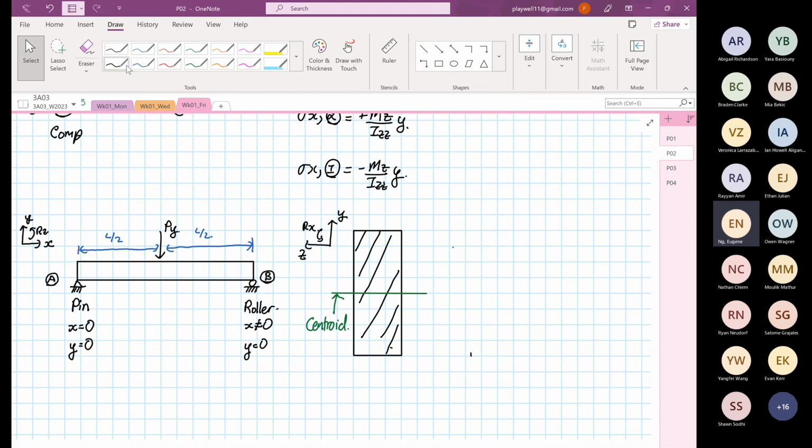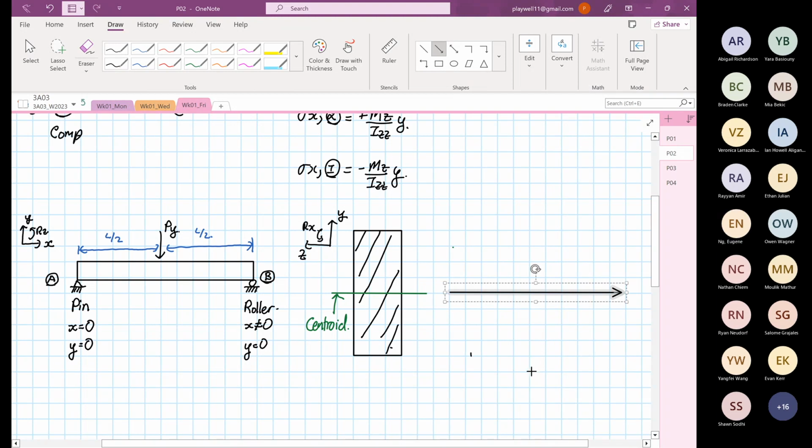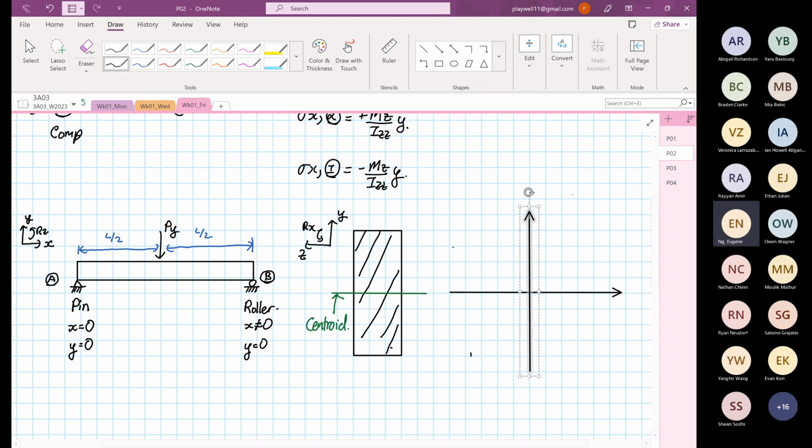So when we apply the formula, stress is moment about Z over IZZ divided by Y. So this is our axis. This is our stress in X. This is our Y. Based on how the structure is bent, this is how we sketch our stress profile.